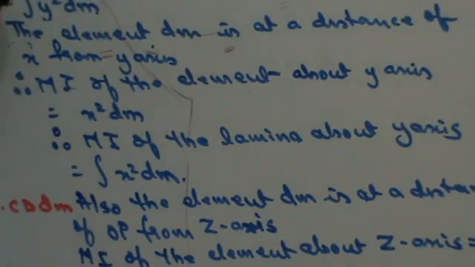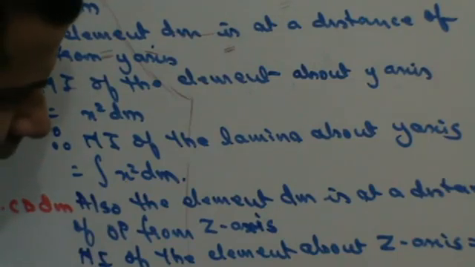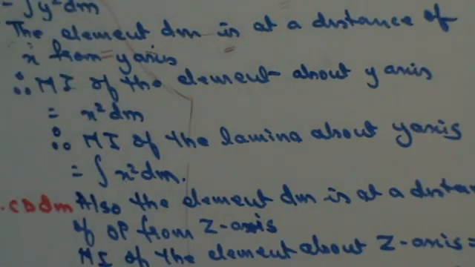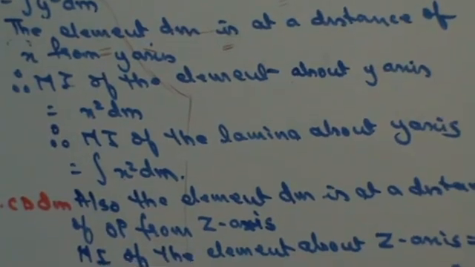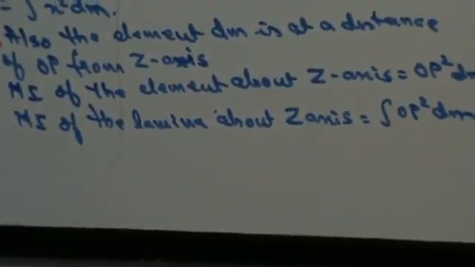Therefore, the moment of inertia of the lamina about the z axis will be the integral of OP square into dm. Once I have this, by Pythagoras theorem I can say OP square is nothing but ON square plus PN square.